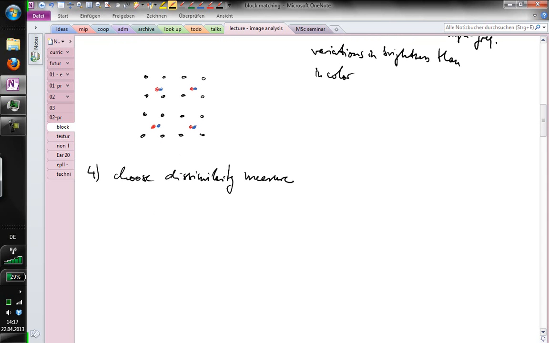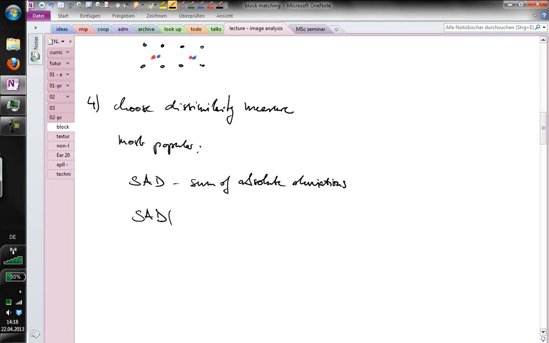And one popular choice is the sum of absolute deviations, which will give me the quality of the match between a pixel located at coordinates x, y at time t and a pixel located at u, v at time t minus 1.